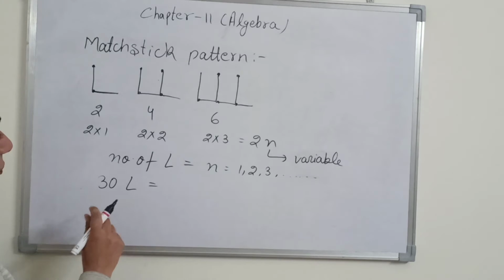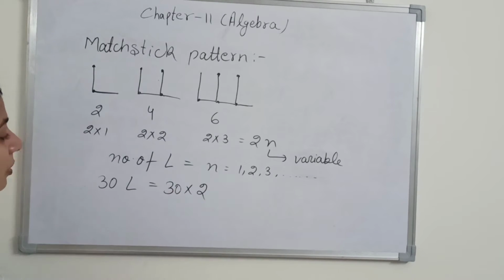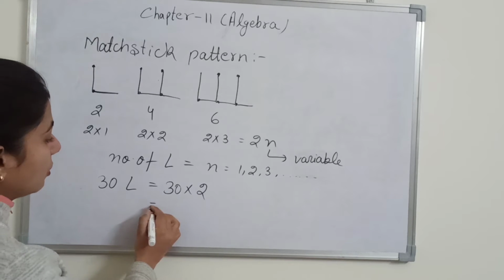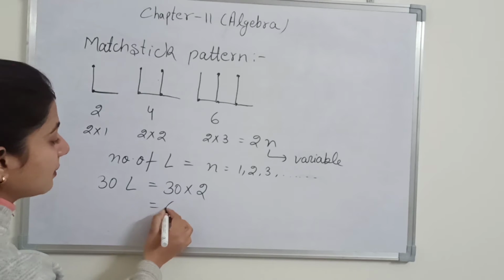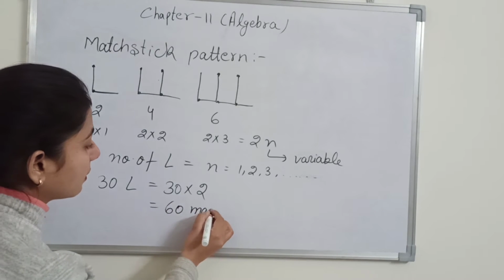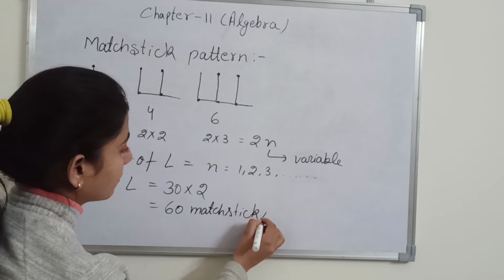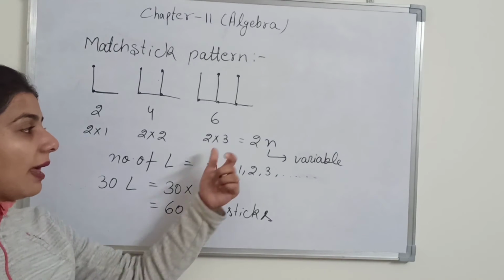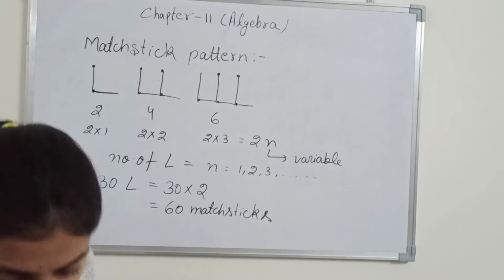So we will multiply this 30 by 2, because for forming 1L we need only 2 matchsticks. So for forming 30L, 60 matchsticks are required. So we can use this pattern like that, and we can take another example.